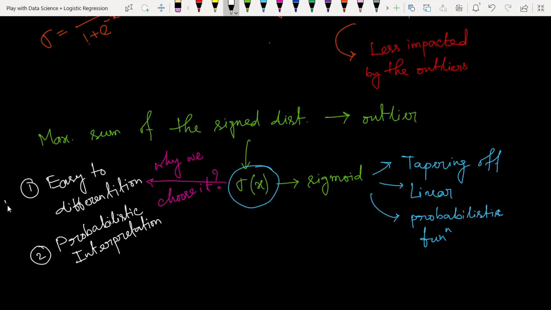For these two main reasons, we have chosen this function, and it is easy to discuss.